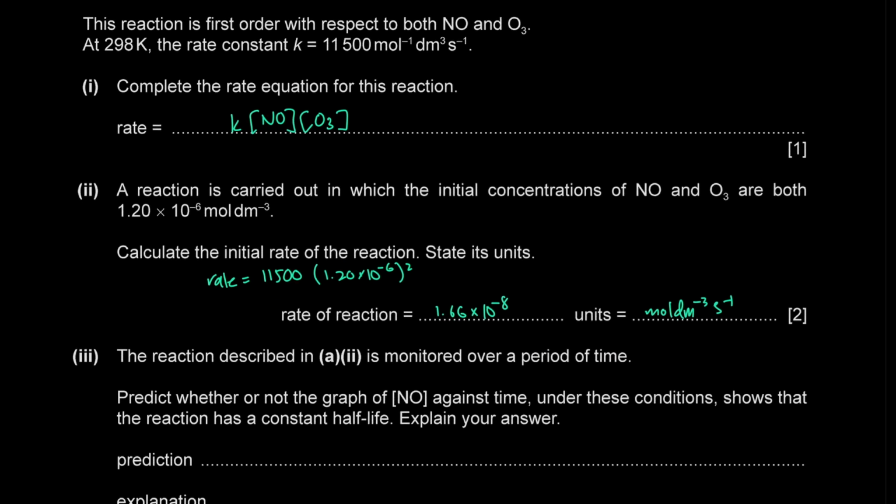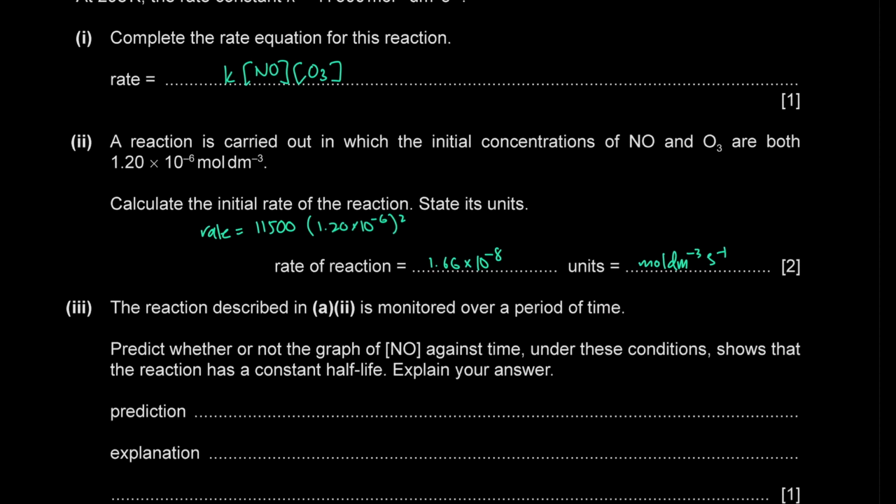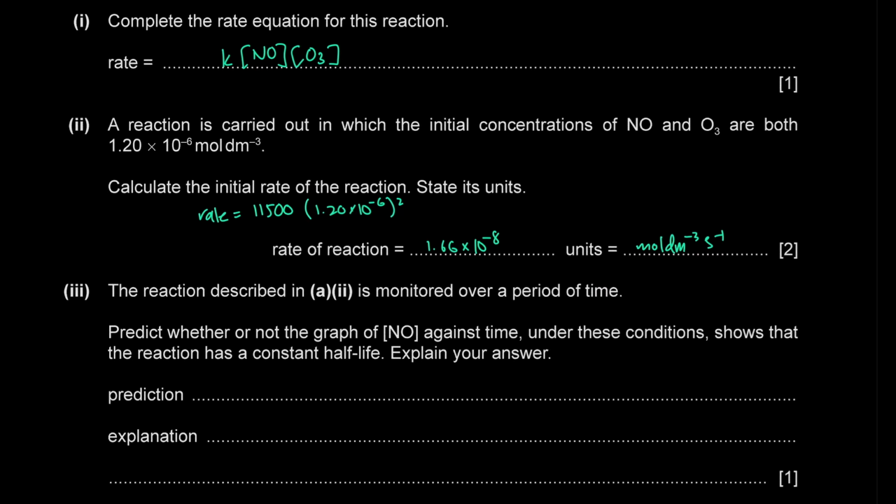The reaction described in part A is monitored over a period of time. Predict whether or not the graph of the concentration of nitrogen monoxide against time under these conditions shows that the reaction has a constant half-life. Explain your answer. Even though the reaction is first order with respect to nitrogen monoxide, over time it's not only the concentration of nitrogen monoxide that's affecting the rate.